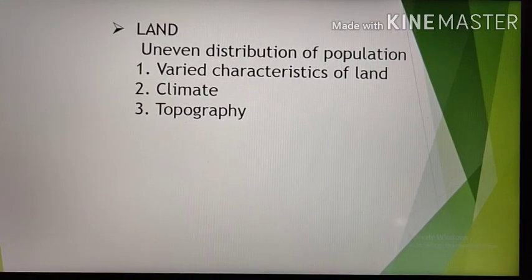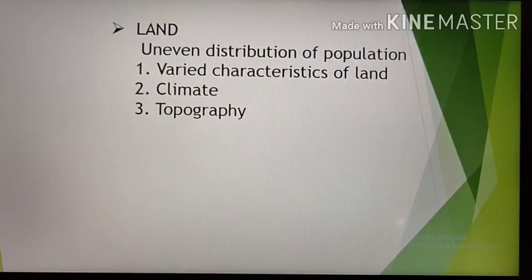The uneven distribution of population in different parts of the world is mainly due to varied characteristics of land and climate. The rugged topography, steep slopes of the mountains, low-lying areas susceptible to waterlogging, desert areas, and thick forested areas are normally sparsely populated or uninhabited.